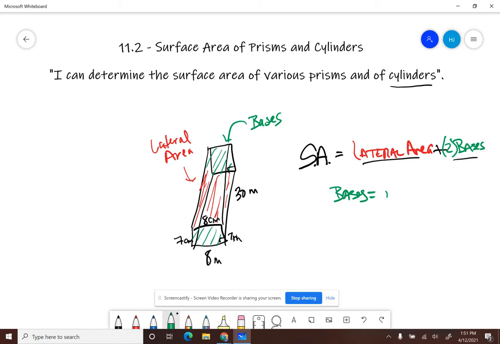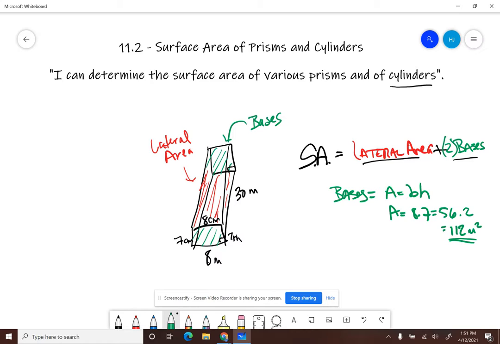So the area equals base times height. And so I'm just going to have 8 times 7, which equals 56. And again, I've got 2 of those bases. So we could take 56 times 2, which is going to be 112 square meters. Okay, so our bases equals this right here.